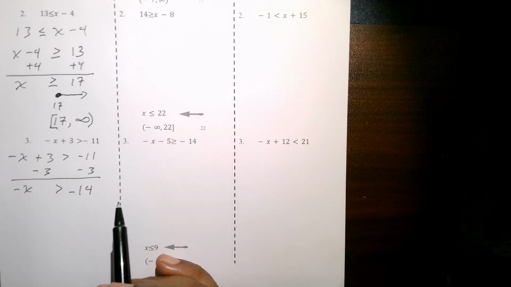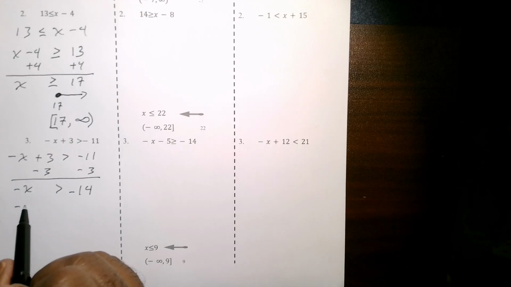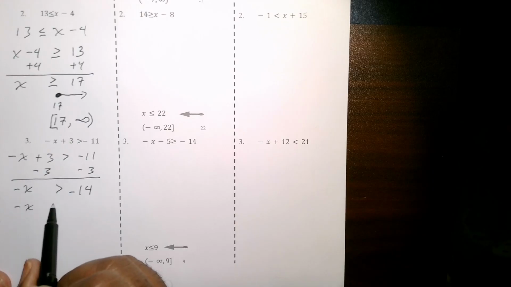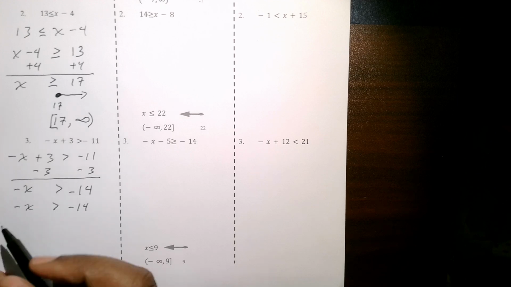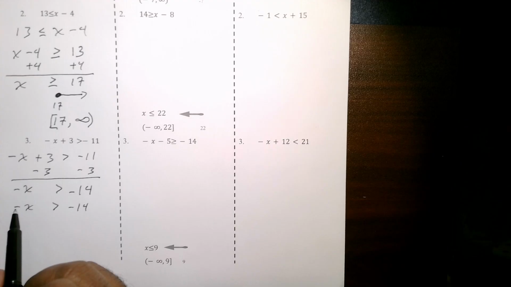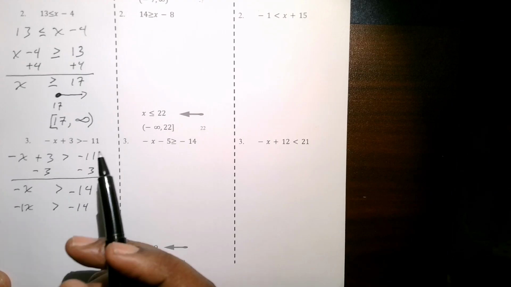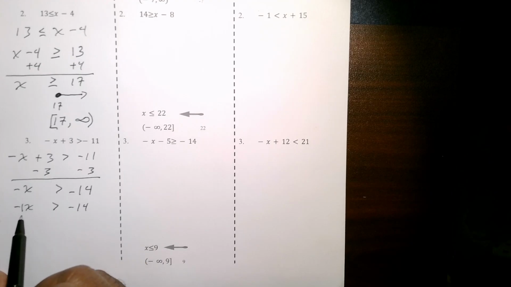Okay, now that we have negative x is greater than -14, I want to get rid of the negative. And the way that we get rid of negatives, because that's actually a -1, is by multiplying by negatives or dividing by negatives. So let's divide by -1, that'll cancel that and make it a 1x.